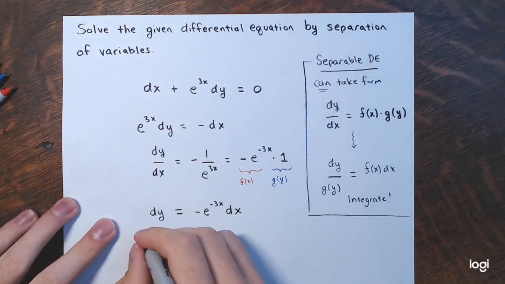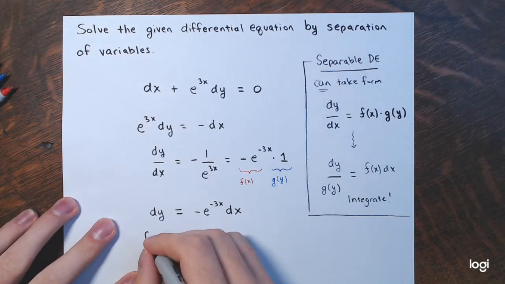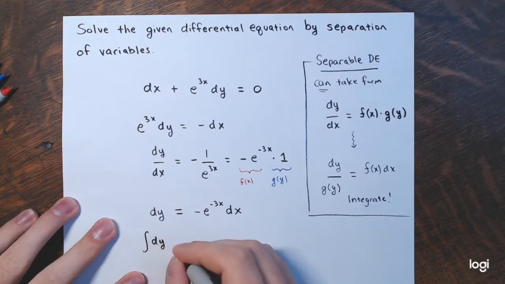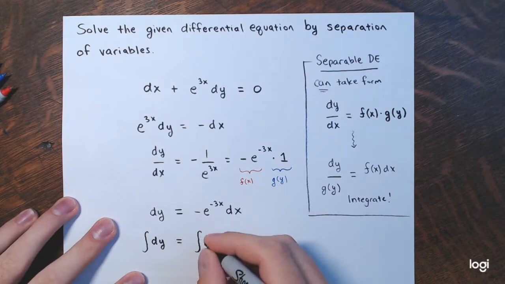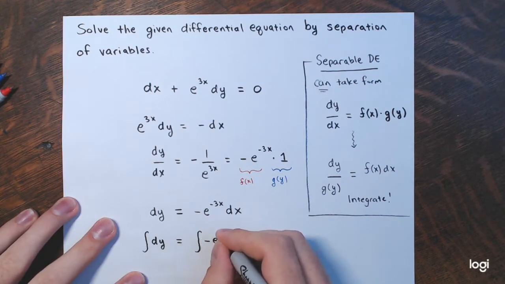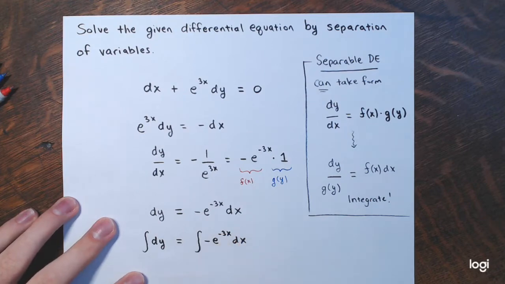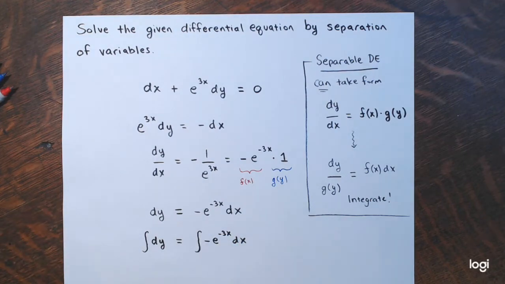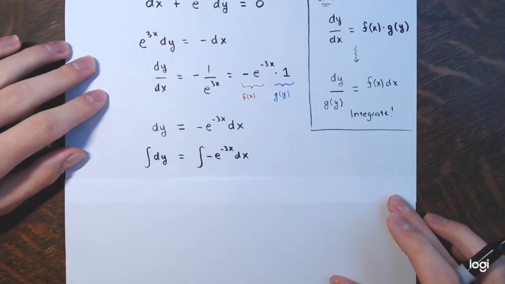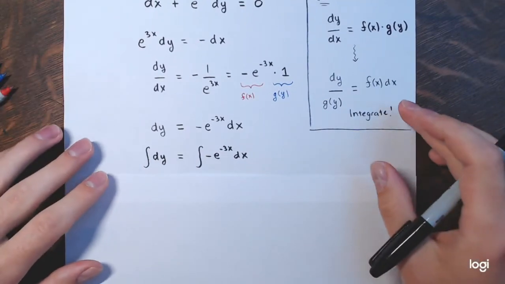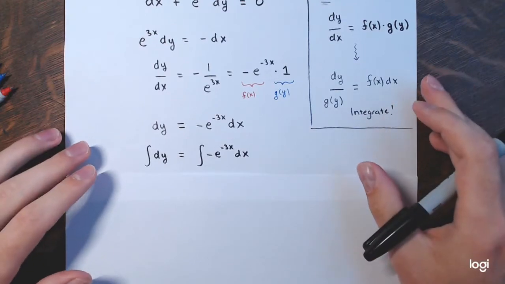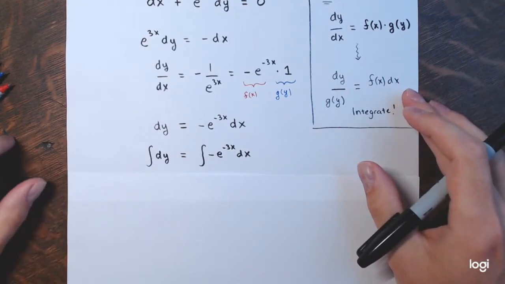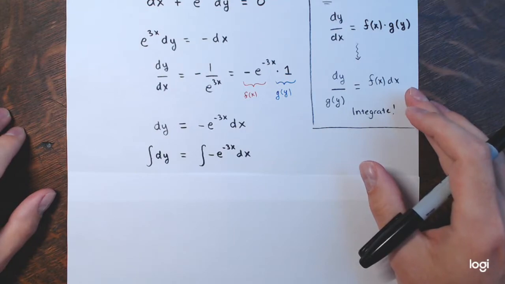Then we integrate. These are indefinite integrals. So I take the indefinite integral over here of 1 with respect to y, and over here the indefinite integral of negative e to the negative 3x with respect to x. I'm hoping that you remember a lot of your integration techniques from Calculus 1 and Calculus 2, because you're probably going to have to use all of them at some point when practicing separable equations.